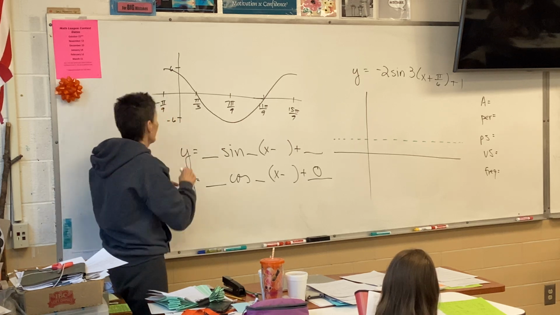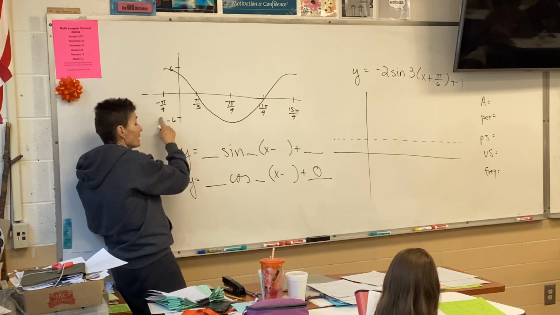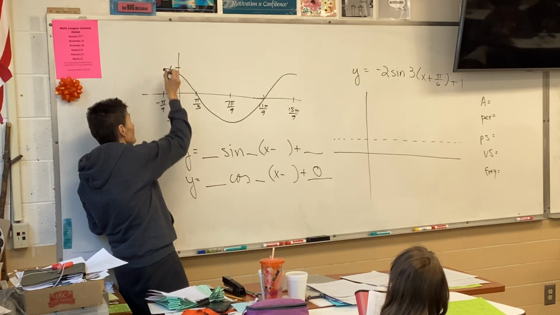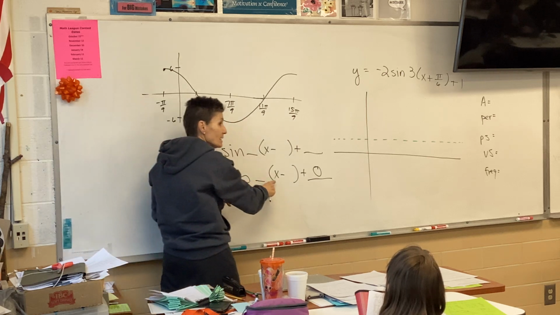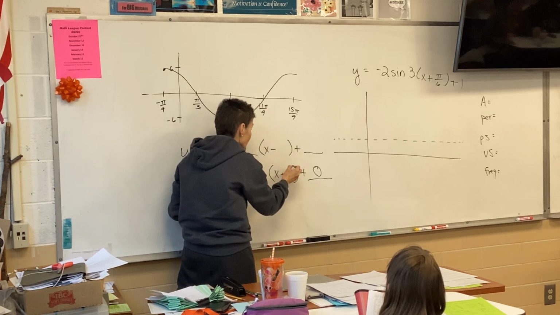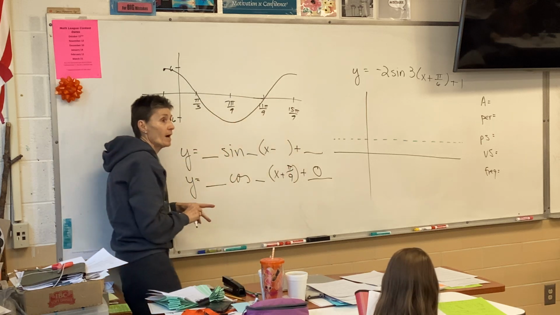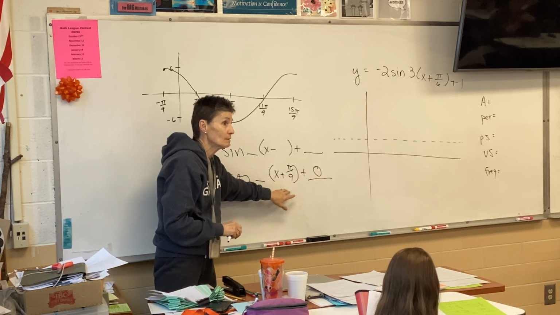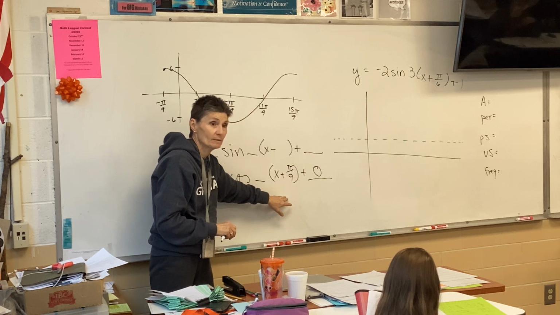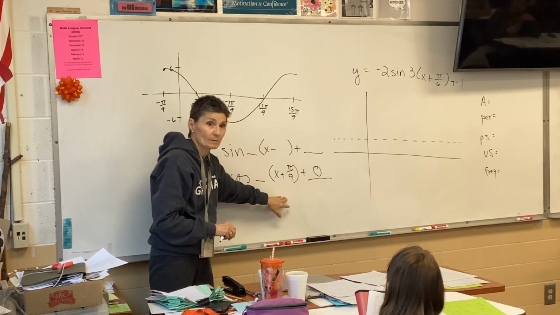Another thing to tell right off the bat is I am starting my curve at -pi/9, which means I have shifted pi/9 to the left, and that's what happens here. This is your horizontal shift, right?